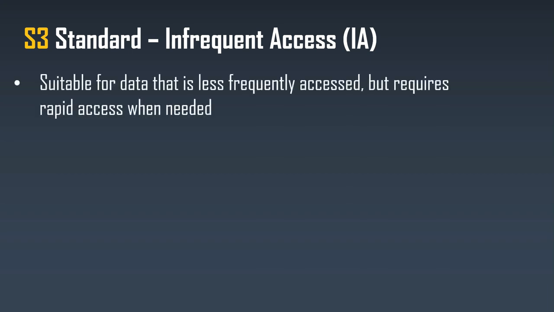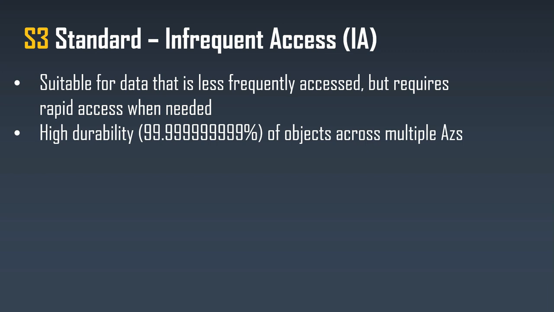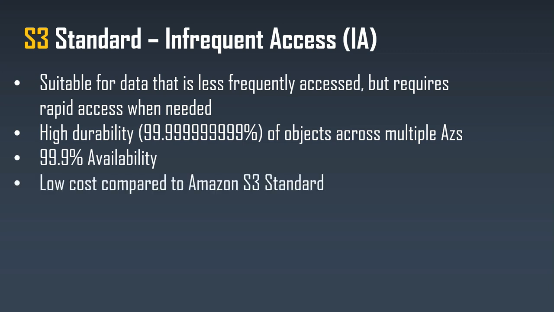Now we have S3 Standard Infrequent Access, or IA. This is suitable for data that, as the name indicates, is less frequently accessed but requires rapid access when needed. We get the same durability across multiple AZs, but we have slightly less availability, and it is lower cost compared to Amazon S3 Standard.